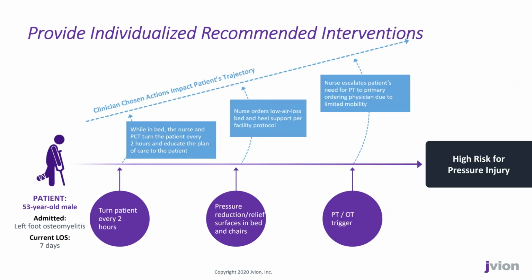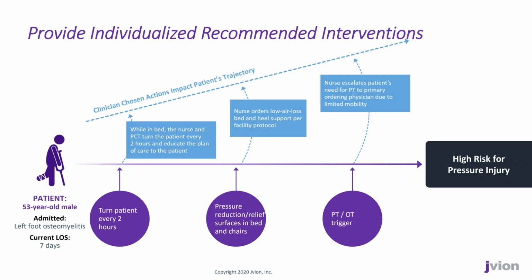The technique that we'll be talking about today from Jvion uses multi-dimensions to calculate a patient's trajectory towards a bad outcome. Are they headed towards a bad outcome, and how fast are they headed towards that bad outcome? And then an understanding of the drivers. Is that because of their immobility? Is it because of their chronic disease status? Is it because of their age? Is it because of their food access at home?